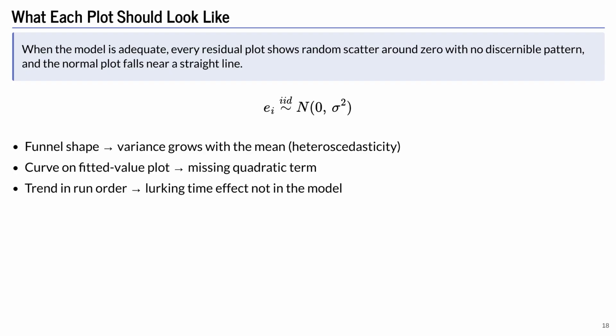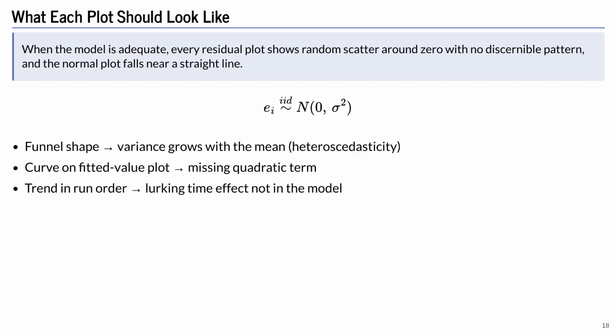The variance is not constant, and the standard errors on your coefficients are wrong. A curve in the fitted value plot, where residuals are systematically positive in the middle and negative at the ends, or vice versa, means the true relationship has curvature that a linear model cannot capture.